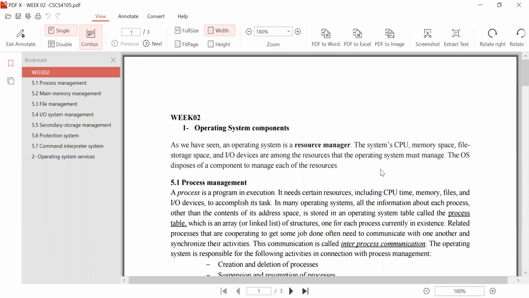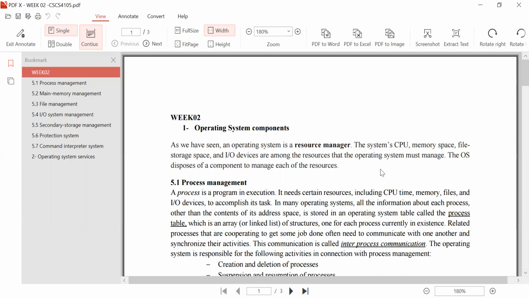Okay, we also saw some generations of operating systems. We saw the evolution of operating systems, how early computers did not even have operating systems, and then how operating systems have evolved to what we have today.